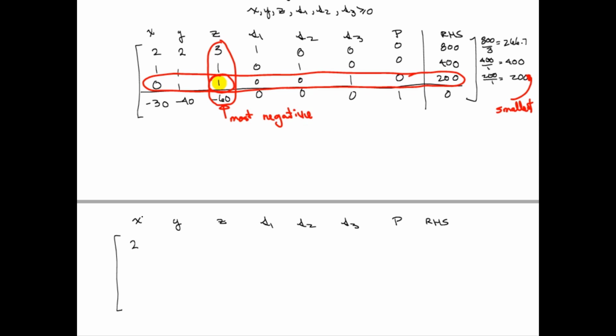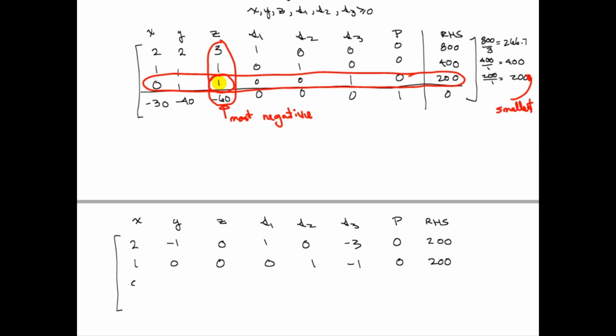Okay, so when I do that pivot, I have for my first row 2, -1, 0, 1, 0, -3, 0 for P, and then 200. Second row, I have 1, 0, 0, 0, 1, -1, 0, 200 again.